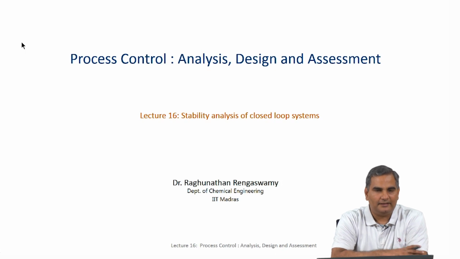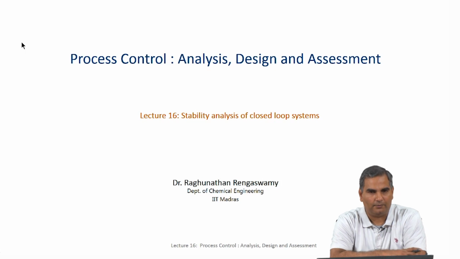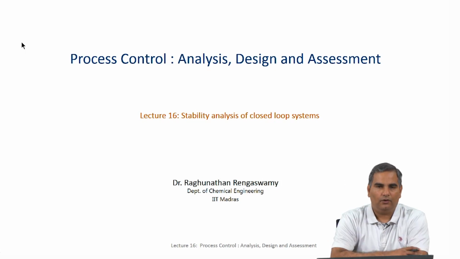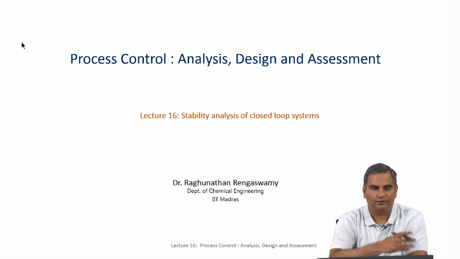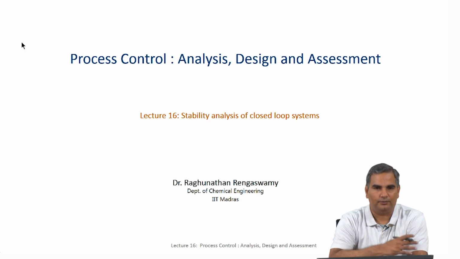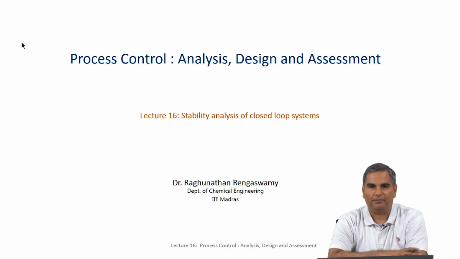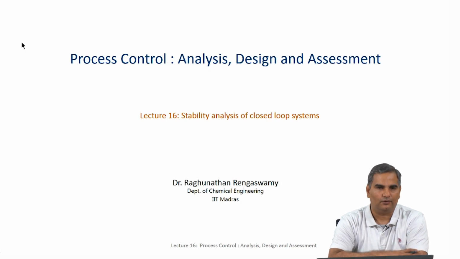So, in the denominator polynomial, and of course the numerator polynomial also, the coefficients that multiply the powers of s, s power 0, s power 1, s squared, s cube, s power 4 and so on, become functions of these controller parameters.